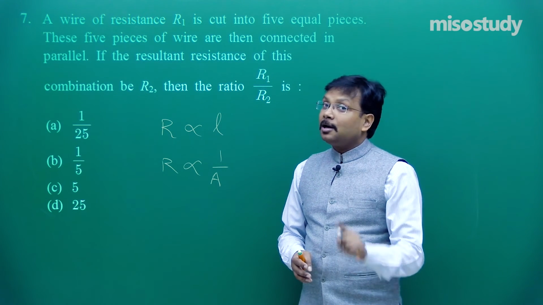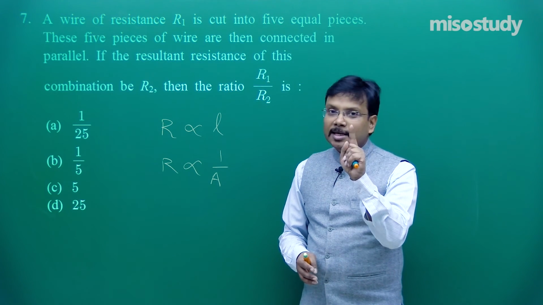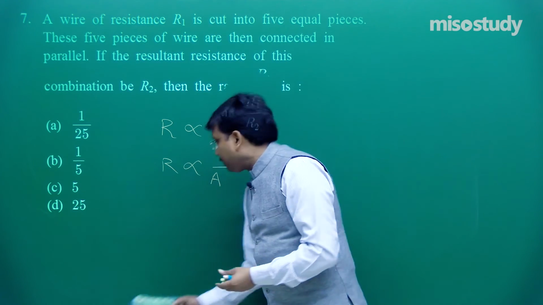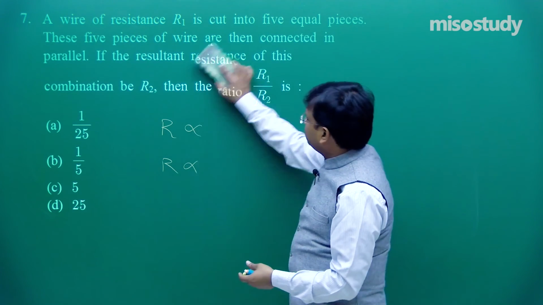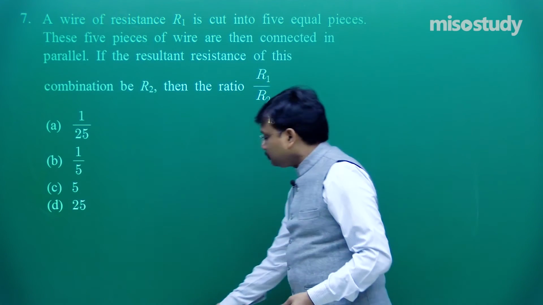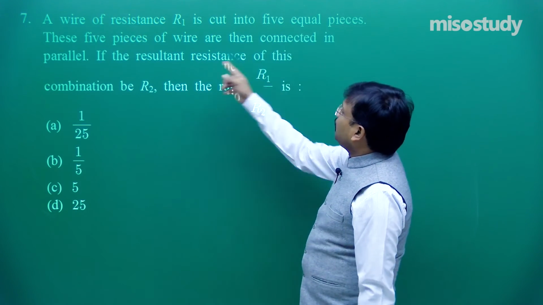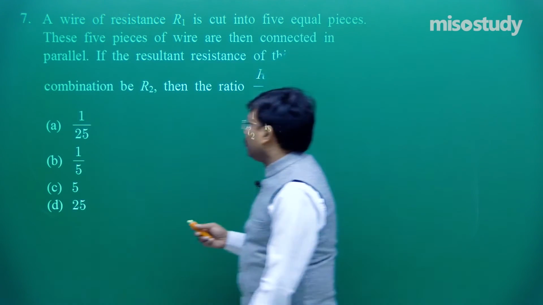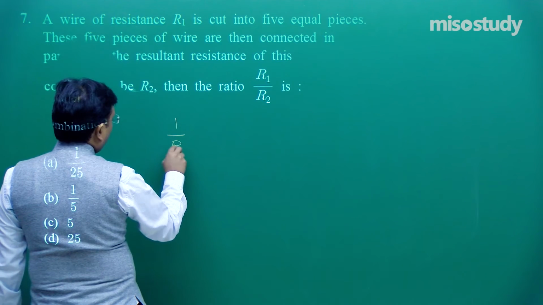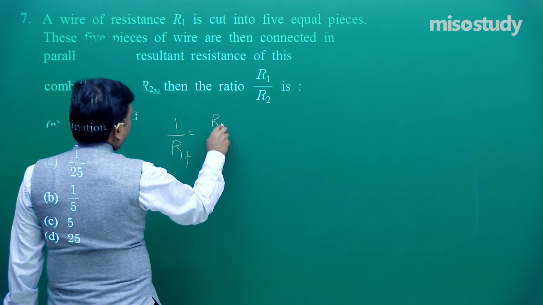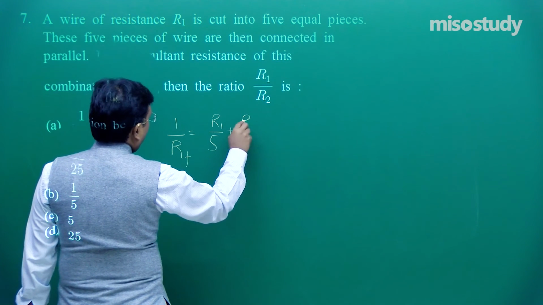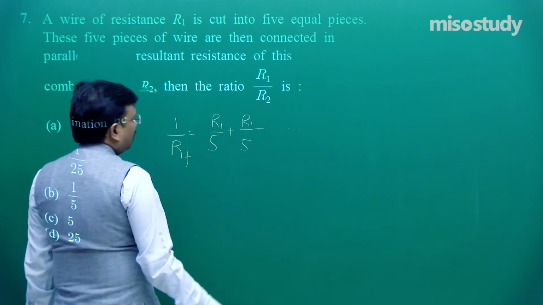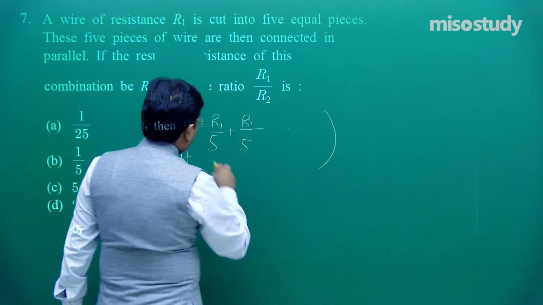Again I am repeating, cutting in 5 parts, each piece has resistance R1 by 5. Then connect all these 5 pieces in parallel. So, 1 upon RF is R1 upon 5 plus R1 upon 5 plus, fine, till 5 parts.